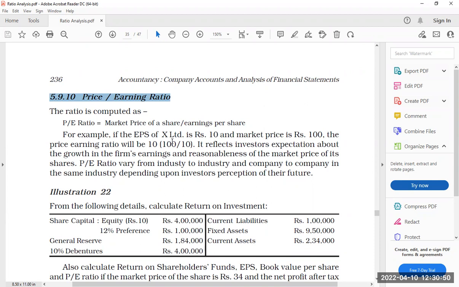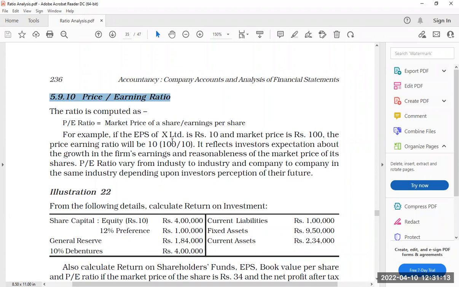Look at this. 1,800 is the market price of Infosys, divided by earning per share. Suppose we assume earning per share in Infosys is 1,000. So what's the answer? 1.8. Assume another case. 1,800 is the same market price of Infosys, but Infosys is earning only 100 rupees.